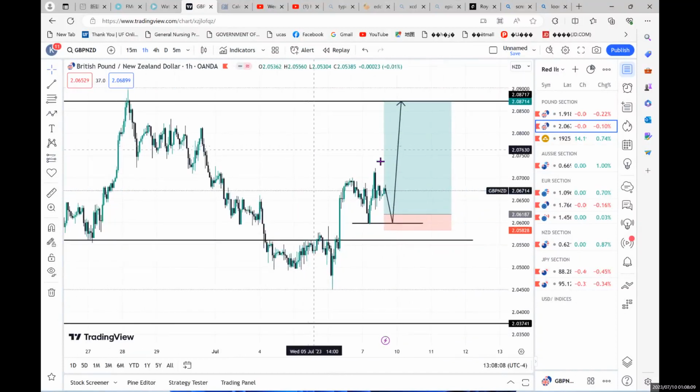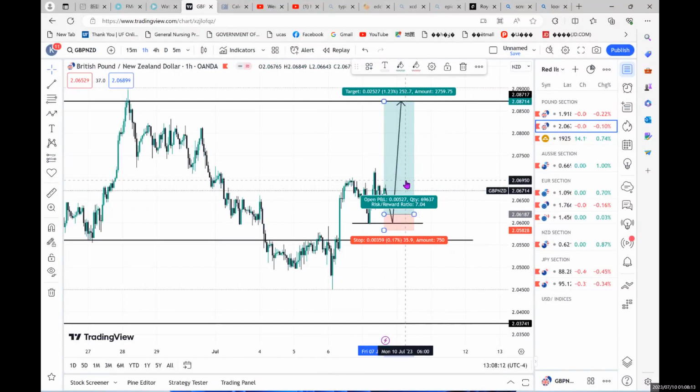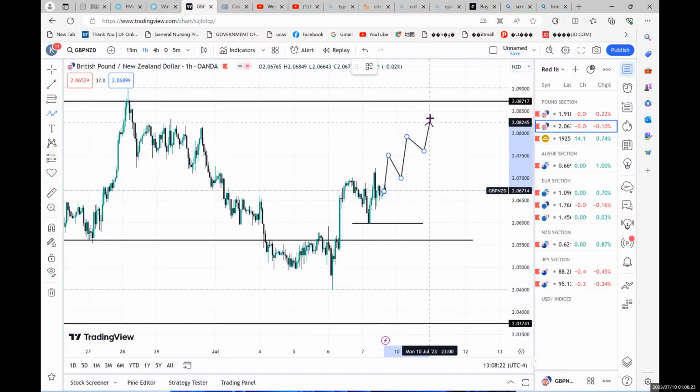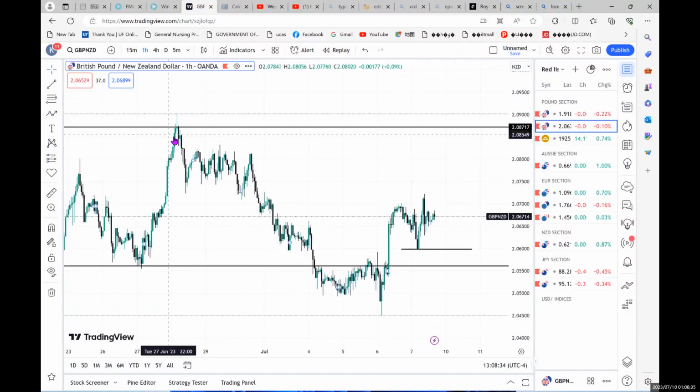So yeah, I'll be looking for something like this. This would be my ideal setup. But price doesn't have to follow this. Who knows? Price can just continue going up like this, and then we just find an entry point and follow the trend. But overall, I'm looking for buys, continuing back up into this high here.